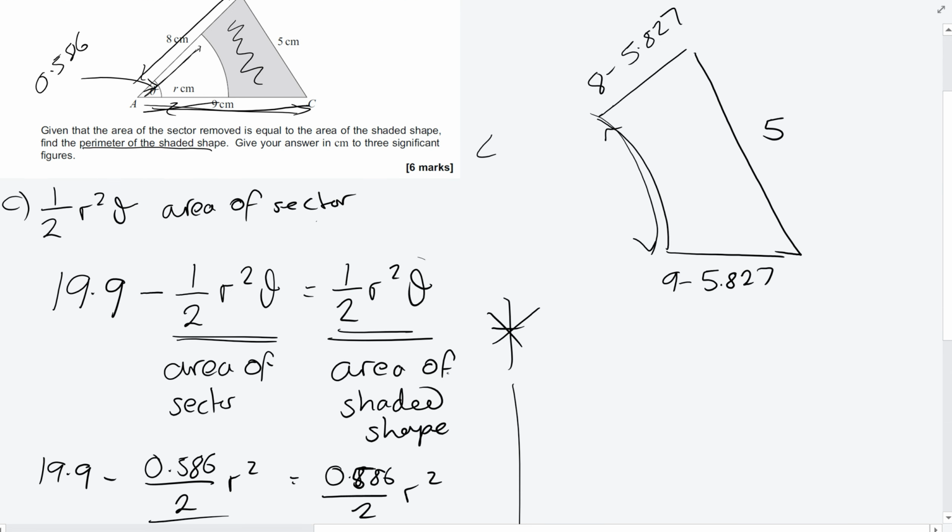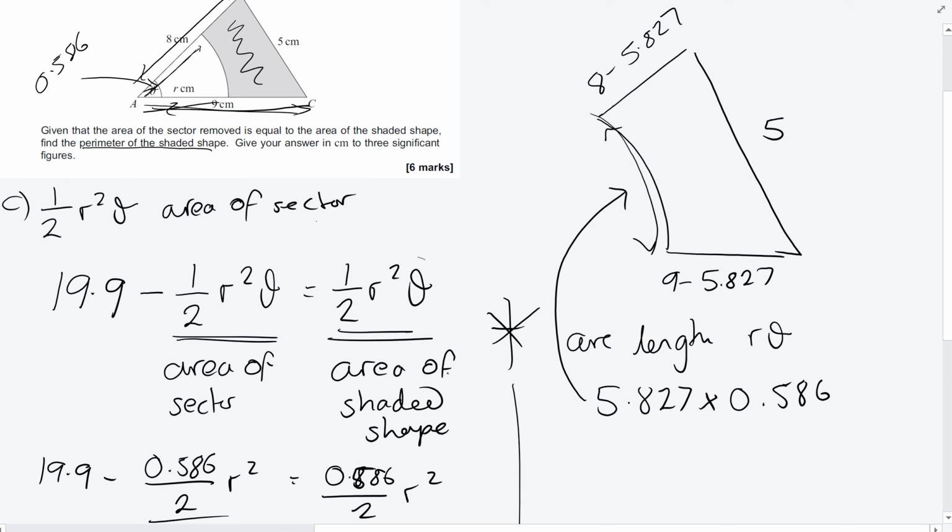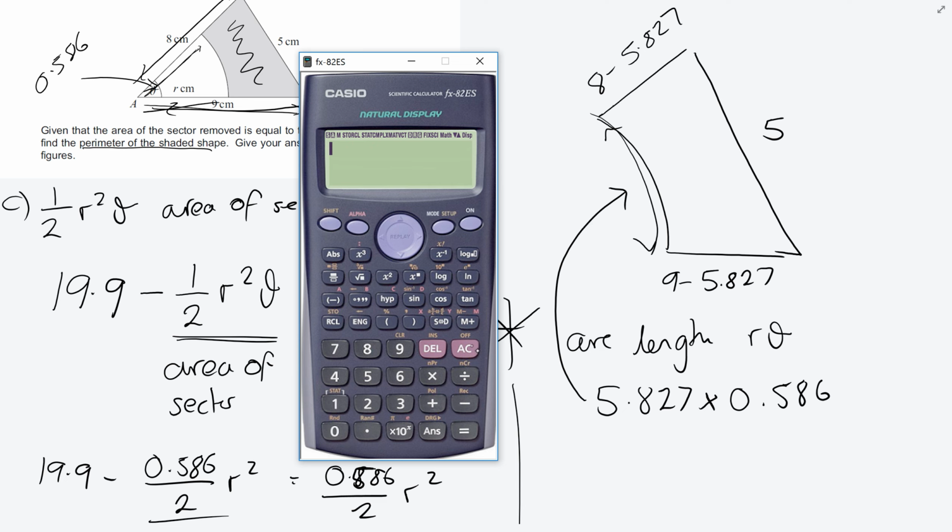So arc length is found by doing r theta. So 5.827 times 0.586. That's going to give us the arc length. Now I just need to evaluate these 4 things to eventually add them together to give me the perimeter.